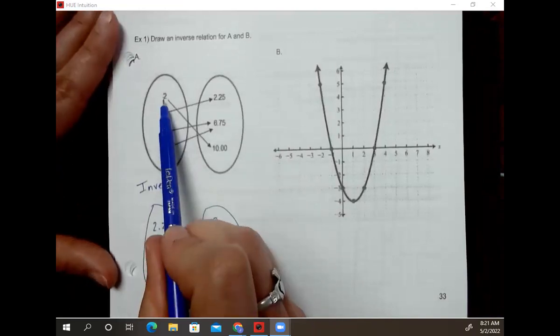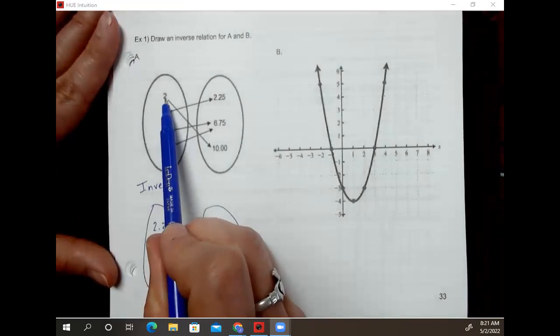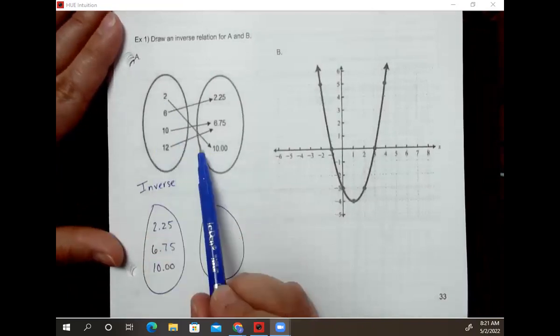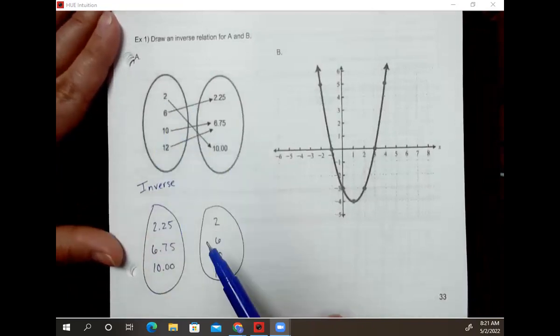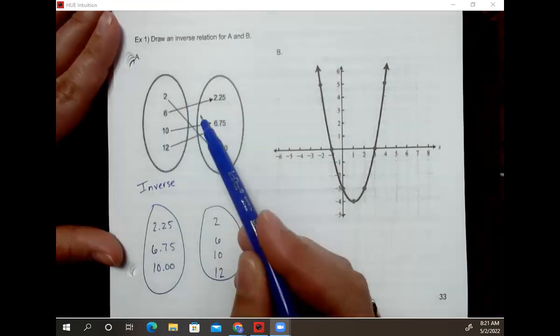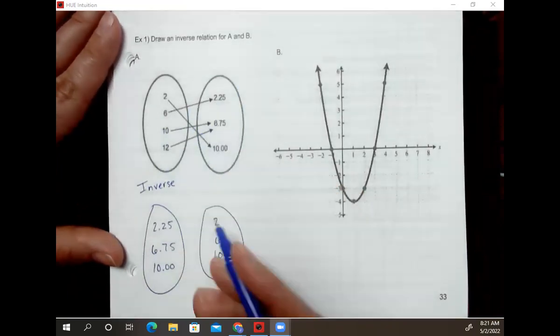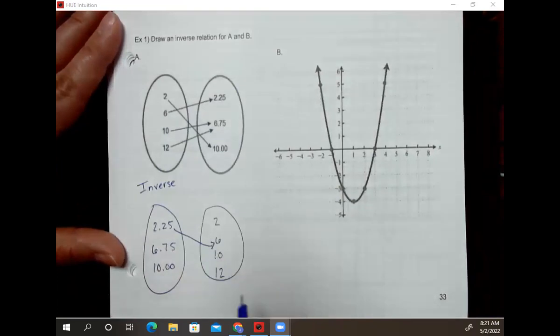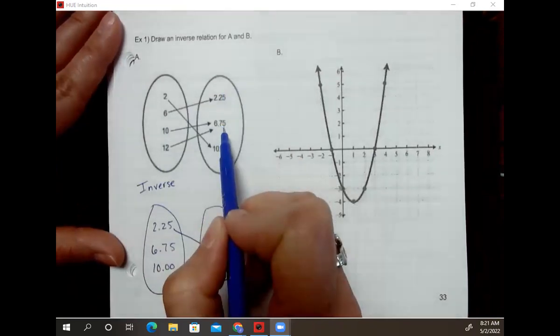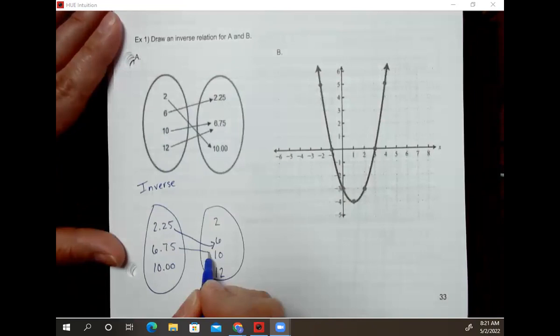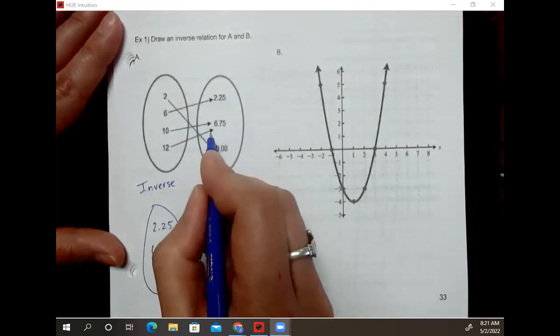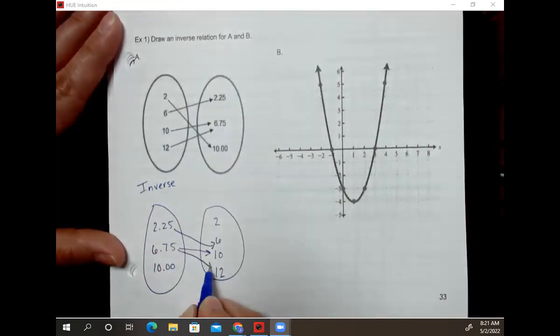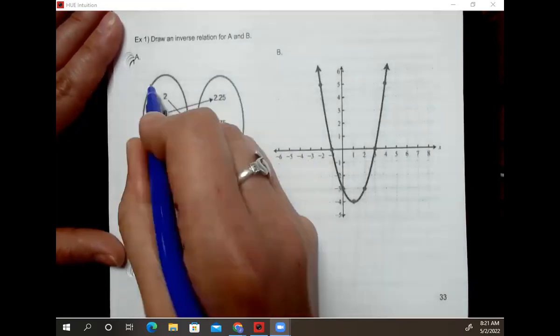So in our original mapping, we've got these directional arrows that say 2 goes to 10, 6 goes to 2.25. In my inverse function, I'm going to reverse these arrows. So 2.25 goes to 6, 6.75 goes to 10 and 12, and 10 goes to 2.